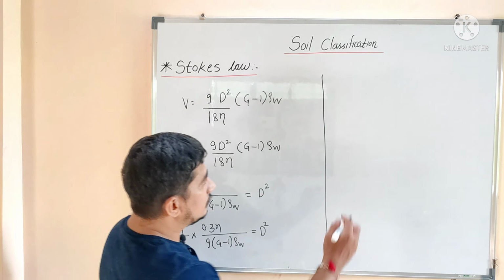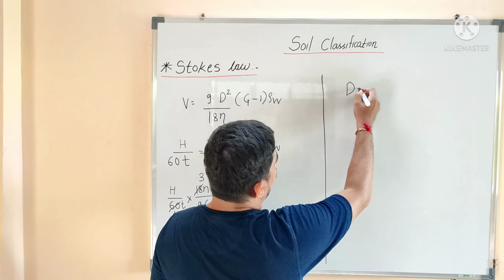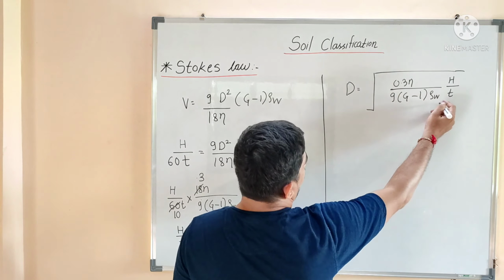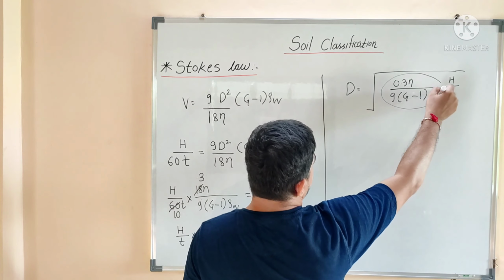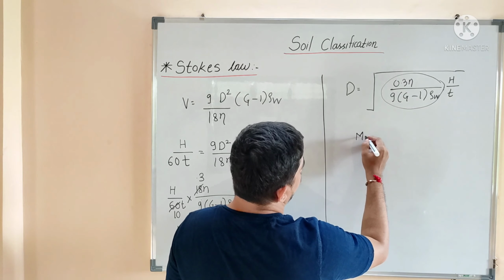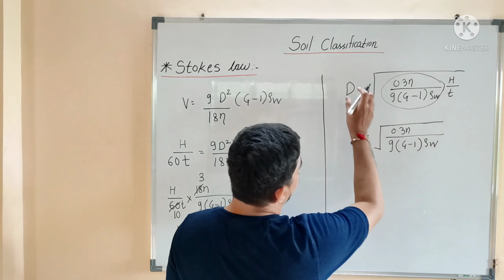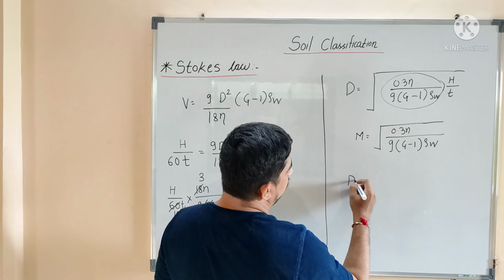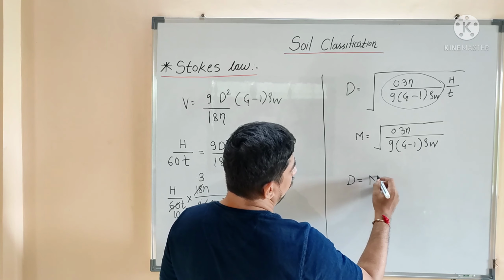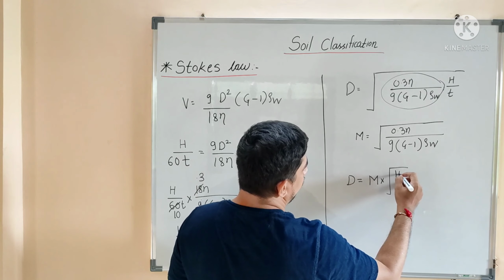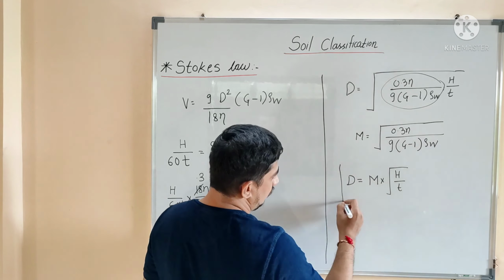So d is equal to root of, now replace this term, m is equal to root of, okay, so this equation can be written as d is equal to m into root of h by t.